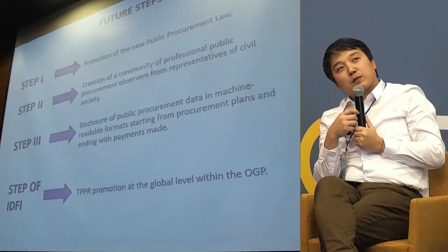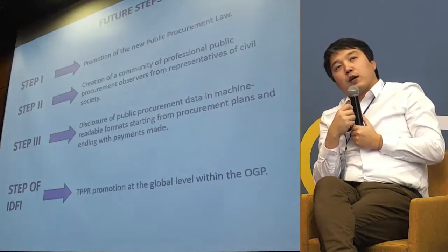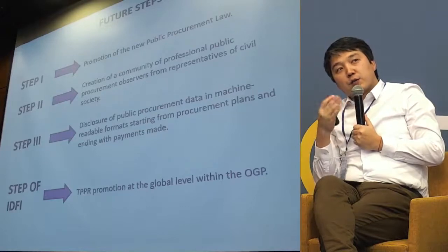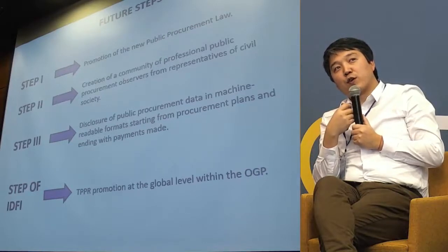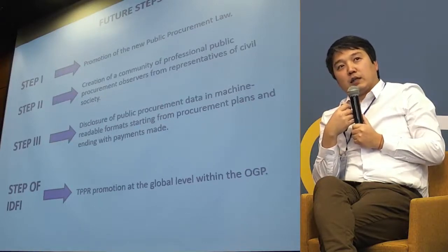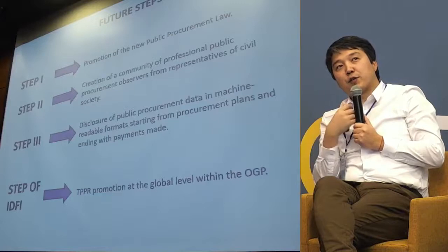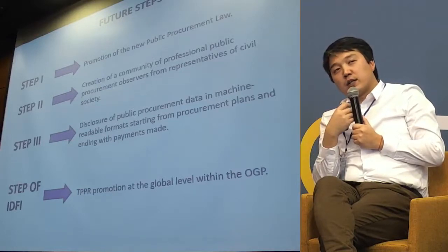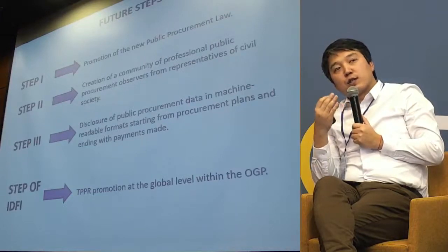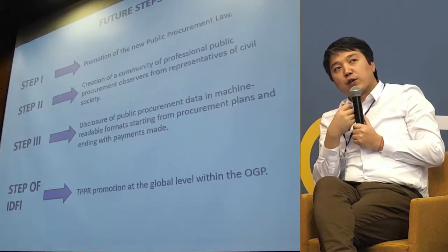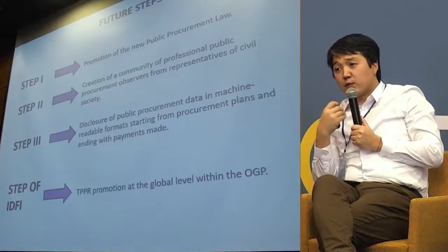Then in 2020 and 21, we are going to realize 3 steps. The first one is promotion of the new public procurement law. I think we will manage to make amendments in our law till the end of 2020. Step 2 is that we would like to create a community of professional public procurement observers from representatives of civil society.